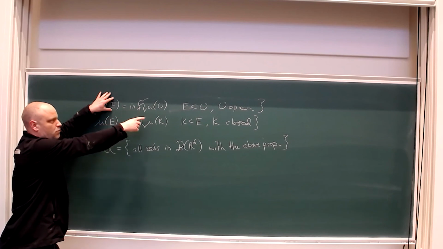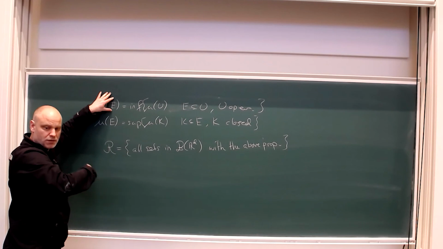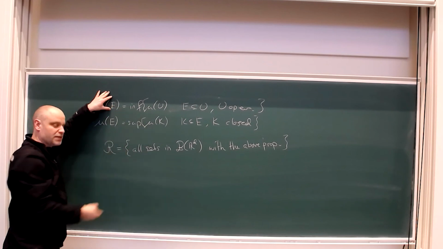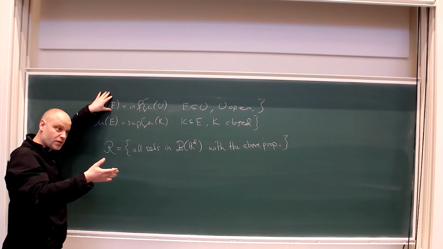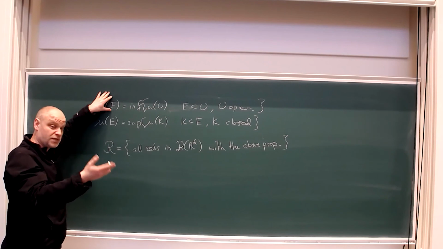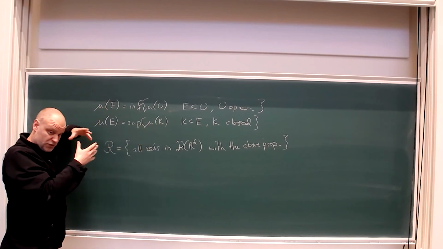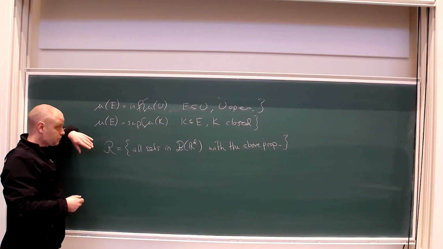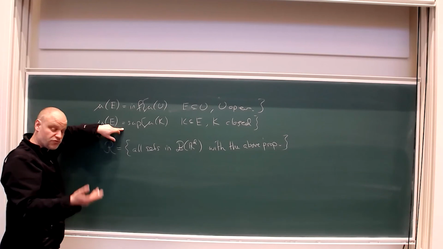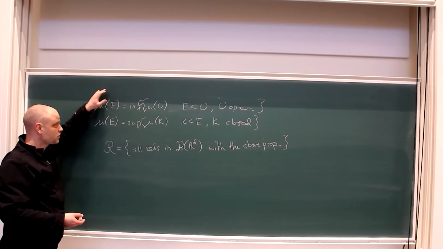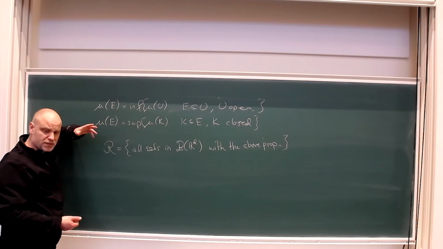Well, clearly, if E is open itself, then you can take U to be equal to E, so this infimum will be that set. And as I said, you can always write an open set as an F sigma, a union of increasing closed sets. So then we get also this property by the proposition 1.2.5 we use all the time. So it's very easy to see that the open sets are in here. And now we just need to prove that it's a sigma algebra.